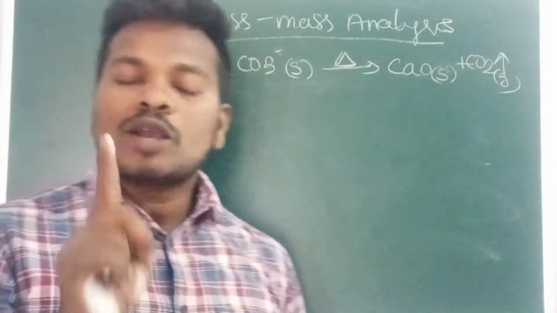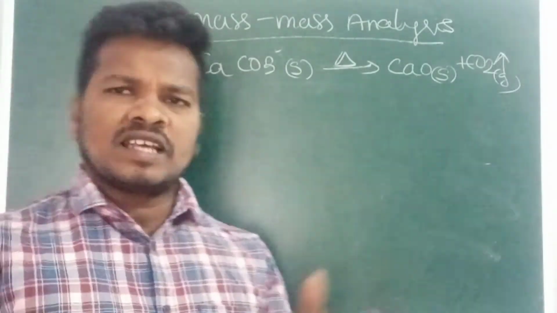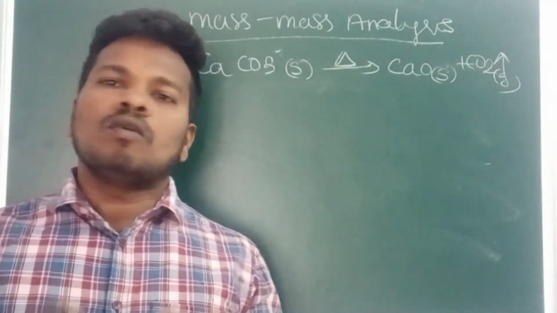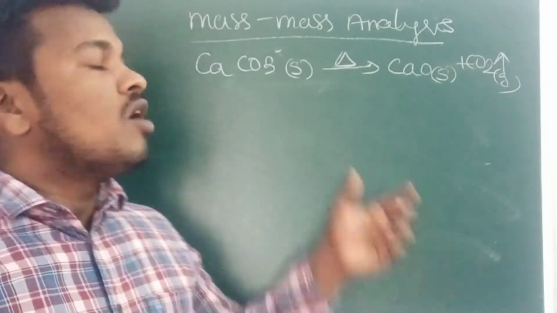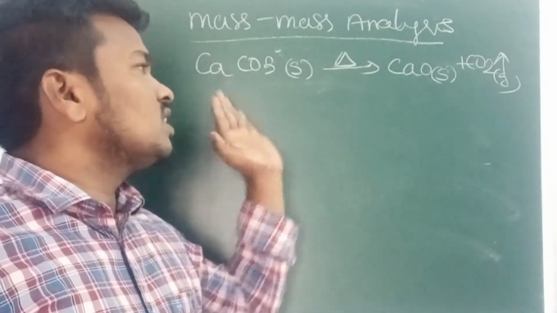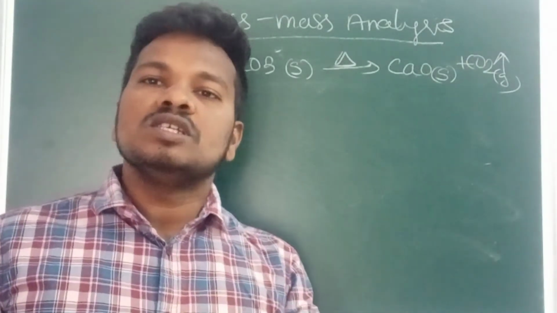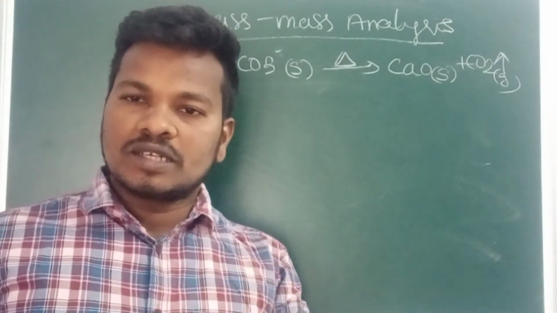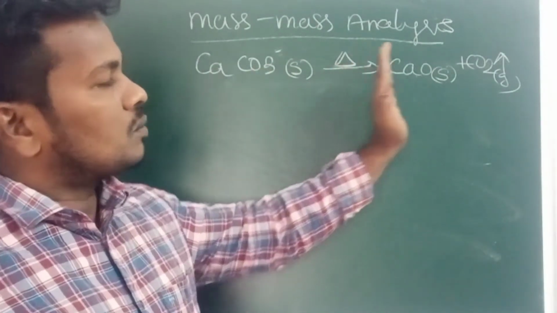Whenever you are doing mass analysis, mole analysis, or mass-volume analysis, the first step you should follow is to see whether all the atoms on the reactant side and all the atoms on the product side are balanced or not. That means the number of atoms on the reactant side is equal to the number of atoms on the product side.